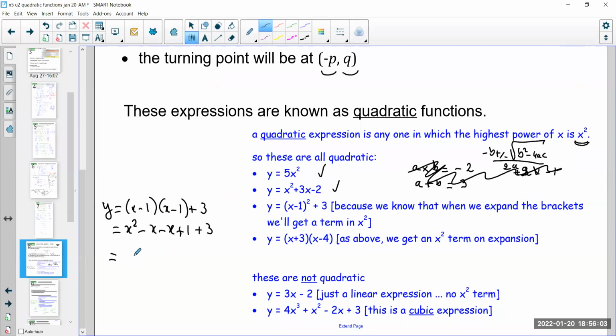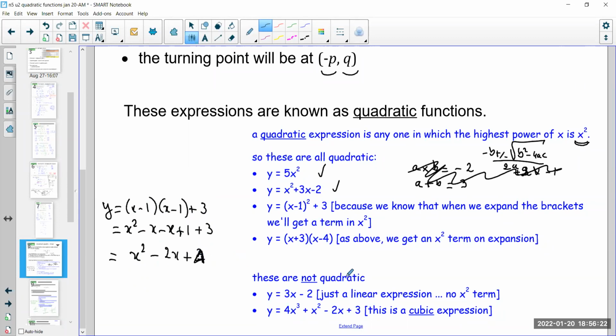That is x squared minus 2x plus 4, since 3 plus 1 is plus 4. That's why this is a quadratic as well, because you've got that x squared term.